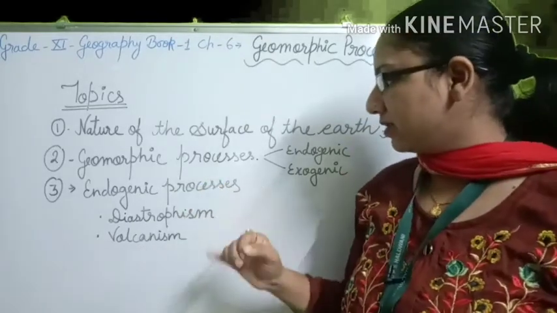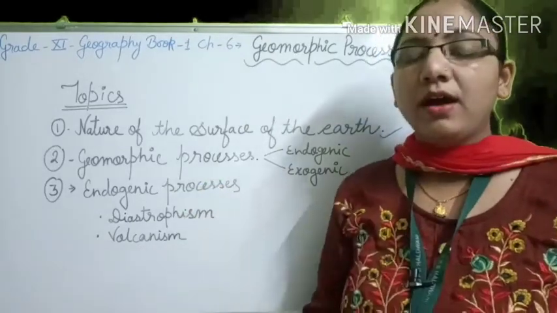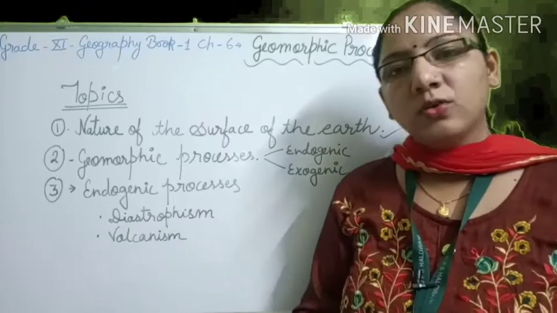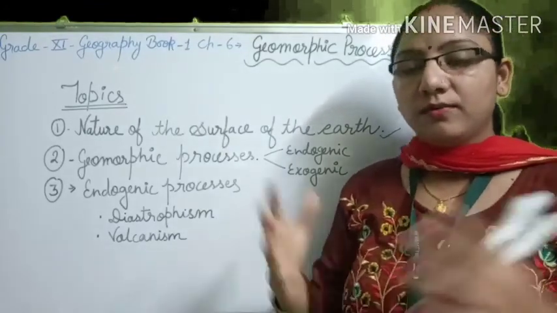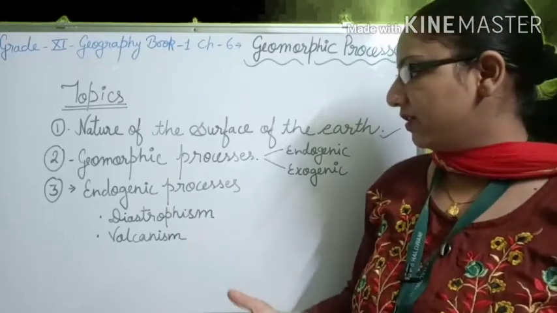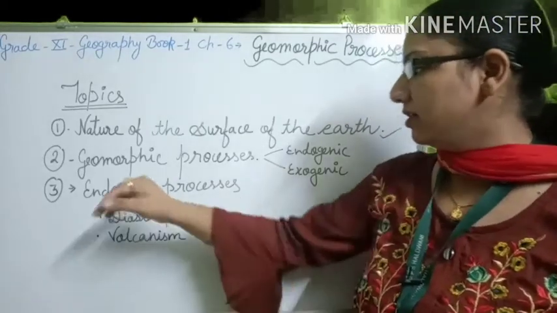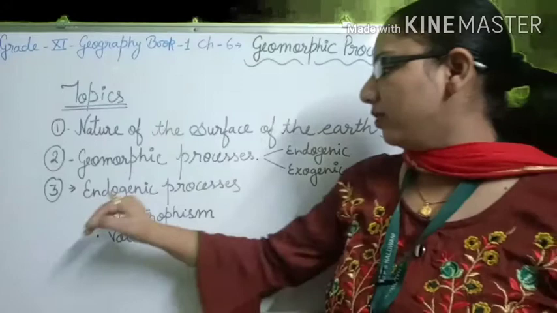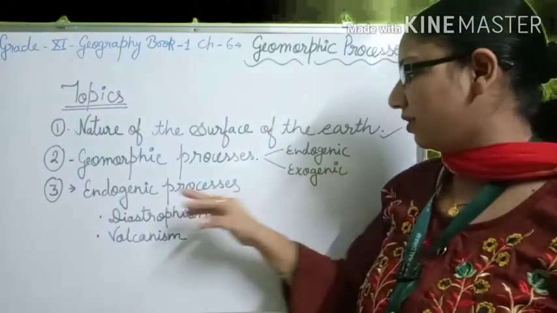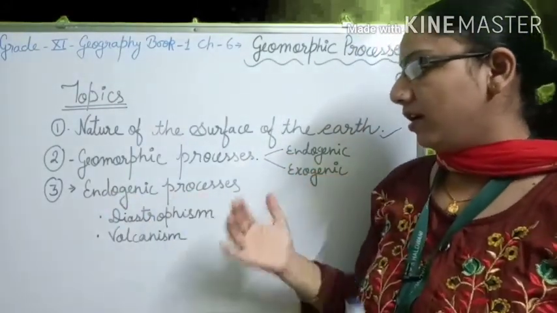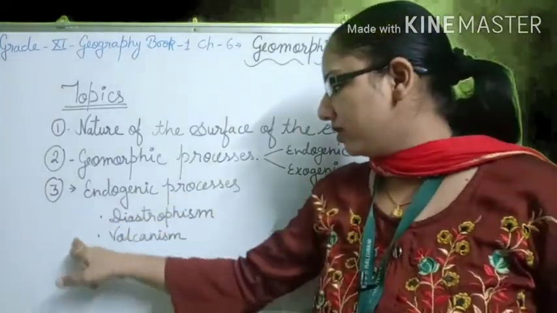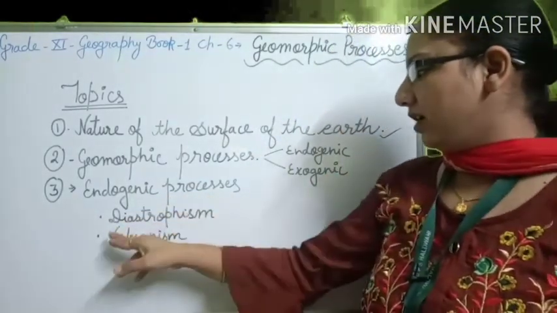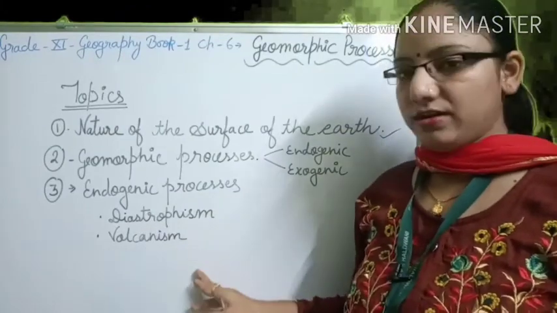The endogenic forces are related to the magma and to the mantle and core as well. The work, forces and things occurring inside our earth are known as endogenic forces, or the endogenic process. So in that we will see diastrophism and volcanism.